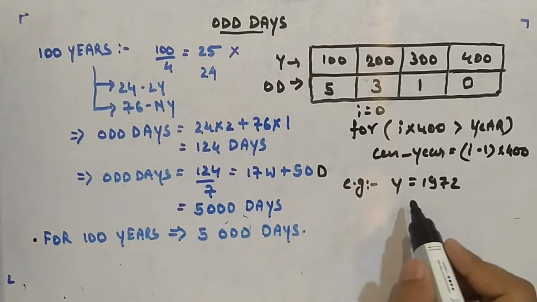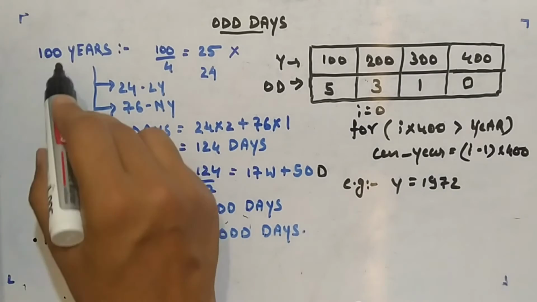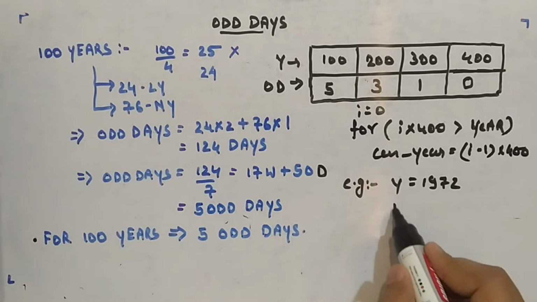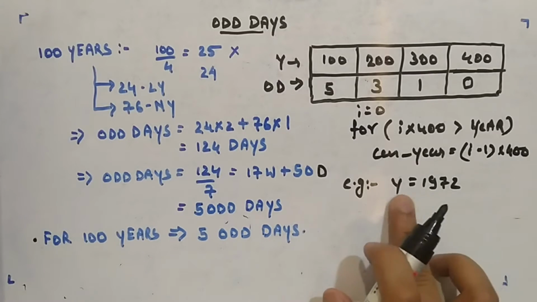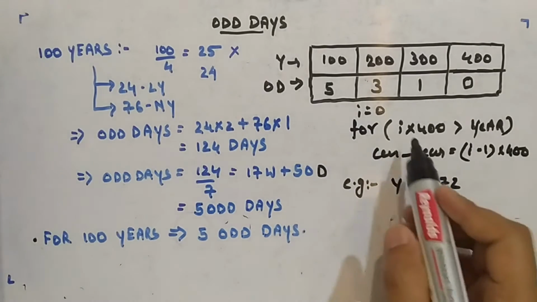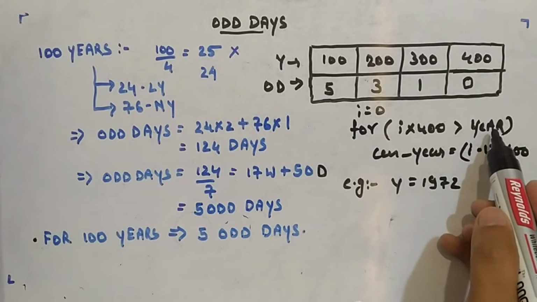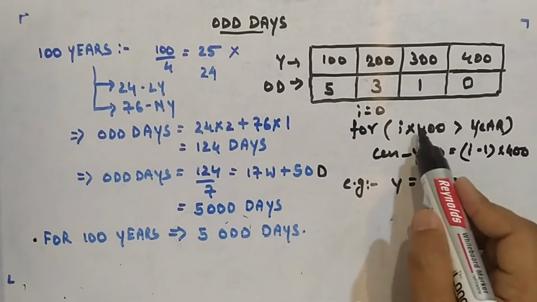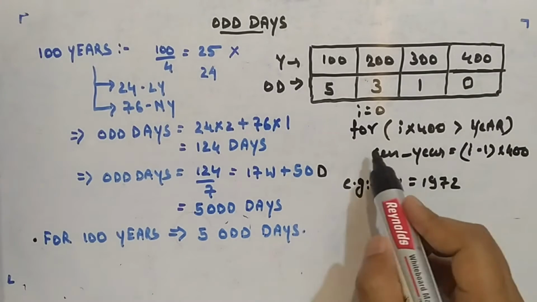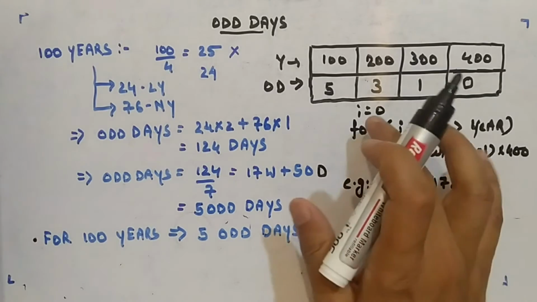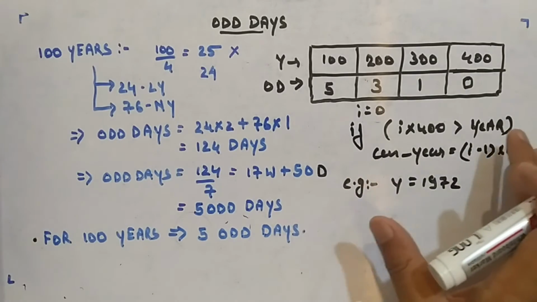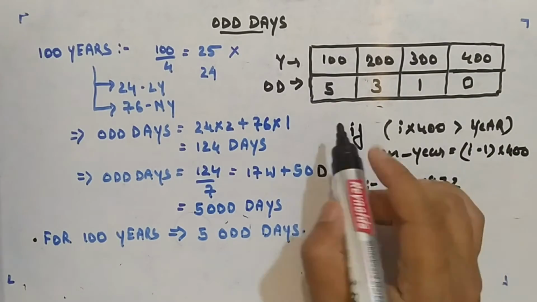So you have to reach the closest century year. So century year at the last should be 00, right? So for 1972, 1600 will be the closest, right? So if i is starting from 0, this will be 0, and the year will be greater than this quantity. Okay, this is the if condition, sorry, and there will be a while loop.